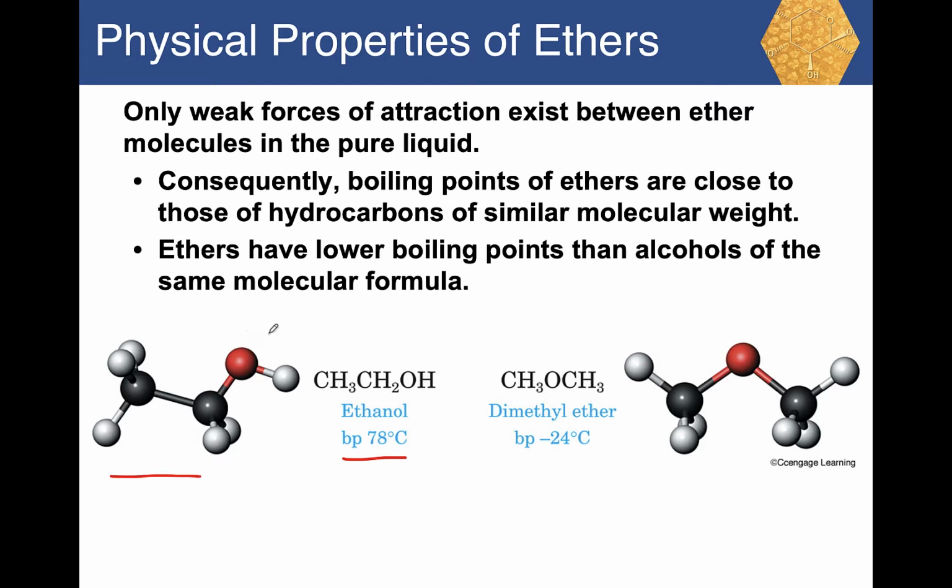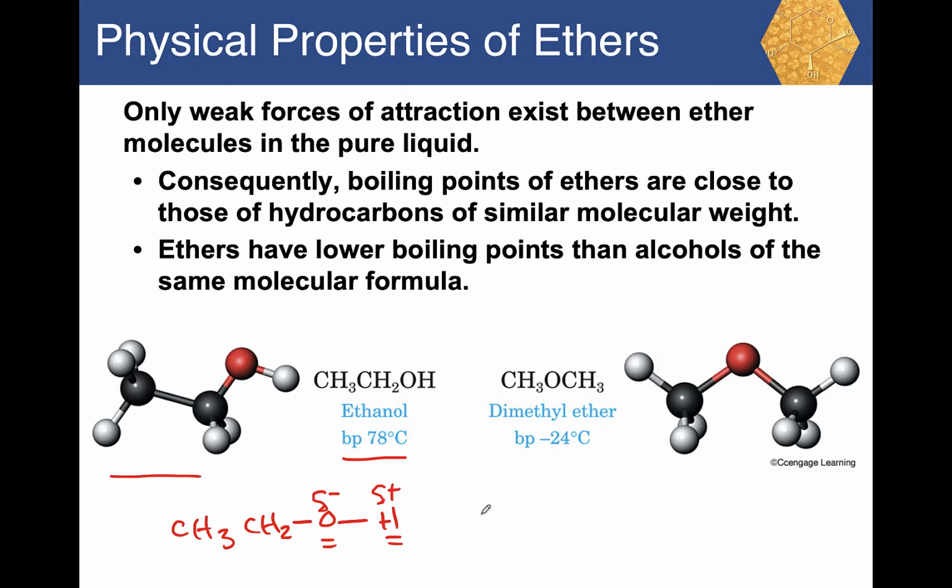Why? Because, let's draw it out, CH3CH2OH. Because this hydrogen is bonded to the very electronegative oxygen, making this partially negative and this partially positive.